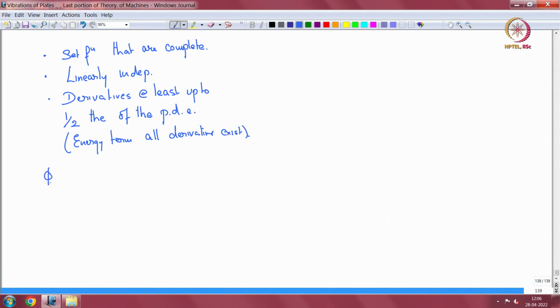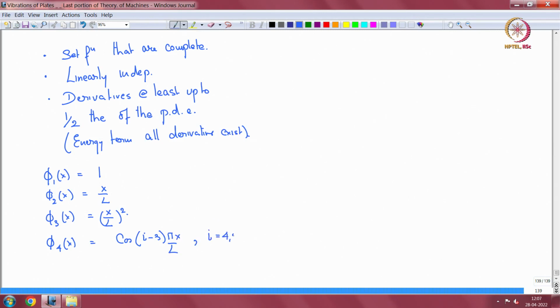They say phi 1 of x is equal to 1, phi 2 of x is equal to x by L, phi 3 of x is x by L whole squared, and from the higher order terms onwards they implement the transcendental cosine terms, i starting from 4, 5 and so on.